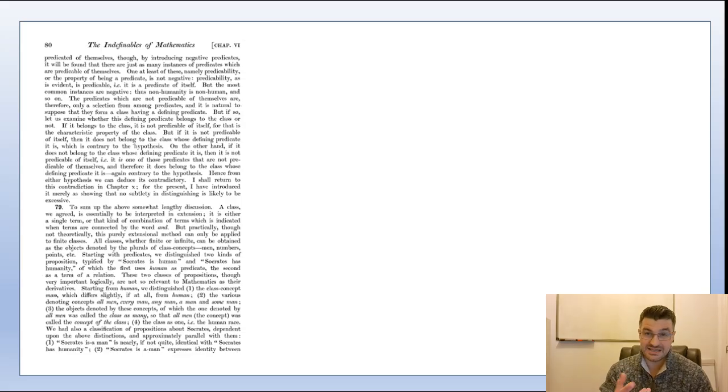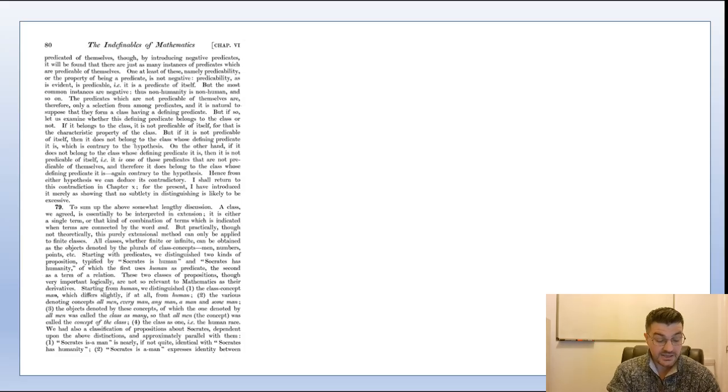Okay, so this is leading into the contradiction here. But if so, let us examine whether this defining predicate belongs to the class or not. If it belongs to the class, it is not predicable of itself, for that is the characteristic property of the class. But if it is not predicable of itself, then it does not belong to the class whose defining predicate it is, which is contrary to the hypothesis.